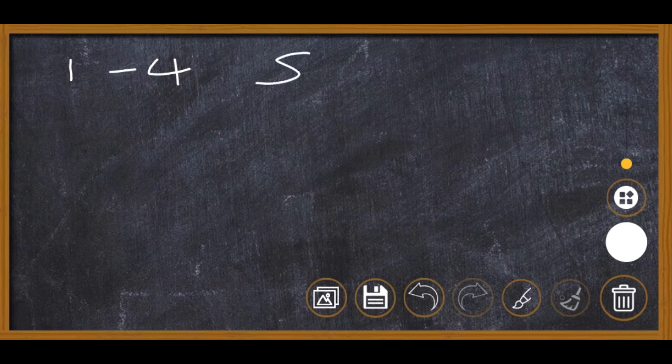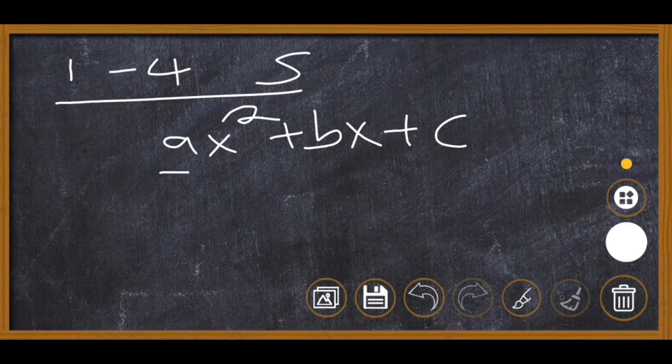Okay, so for us to find this value here, we have to form this into a quadratic equation. So if you remember, a quadratic equation is of the form ax squared plus bx plus c. So let's express this in this manner.